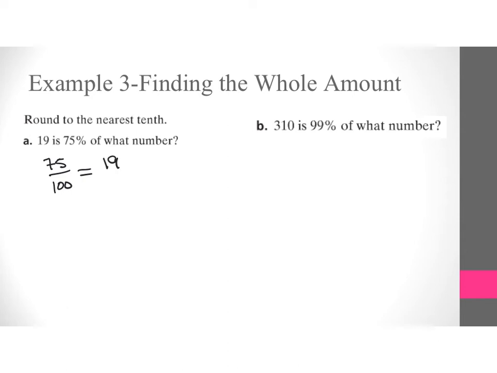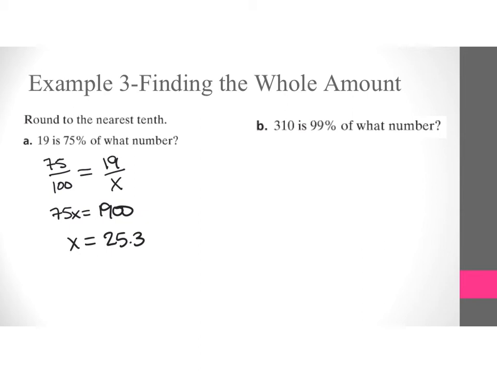So I have 19 then is going to be on the top, and we don't know what our whole then is. So now I'm going to cross multiply, and I have 75x equals 1900. When I divide by 75, I end up with x equals 25.3. So again, if you take 19 divided by 25.3, you're going to end up with 75%.